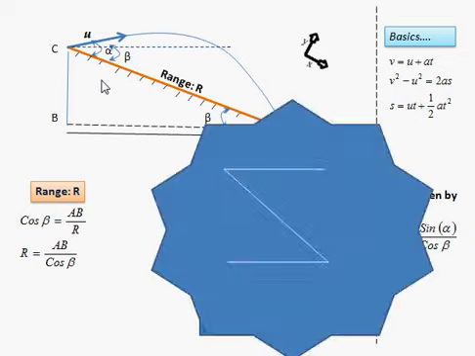Just imagine a Z, a mirror form of Z like this, with a right angle triangle created like this. Here we have 90 degrees. If you know this angle, it is easier to calculate the angle here as previously mentioned, which is 90 degrees minus 10, that is 80 degrees.